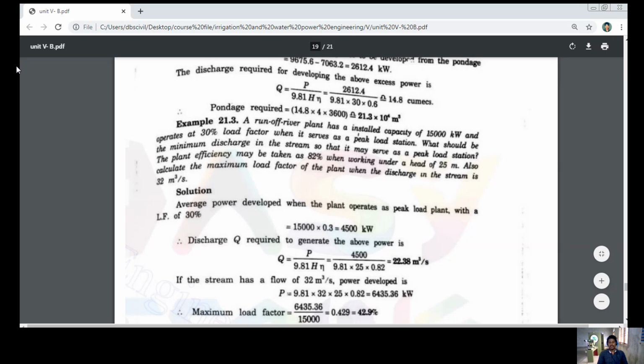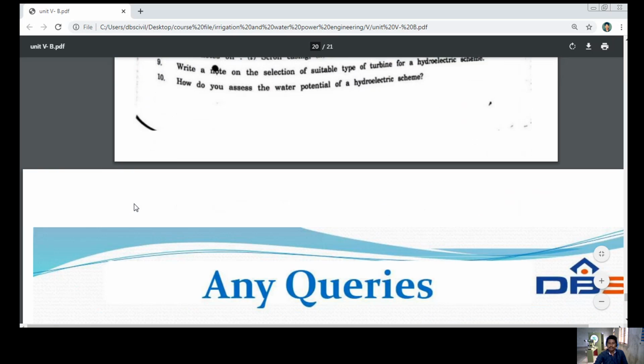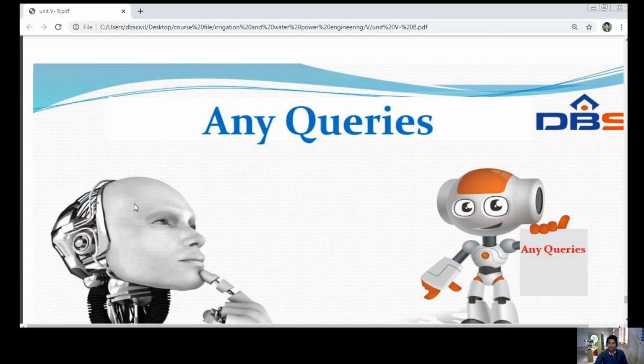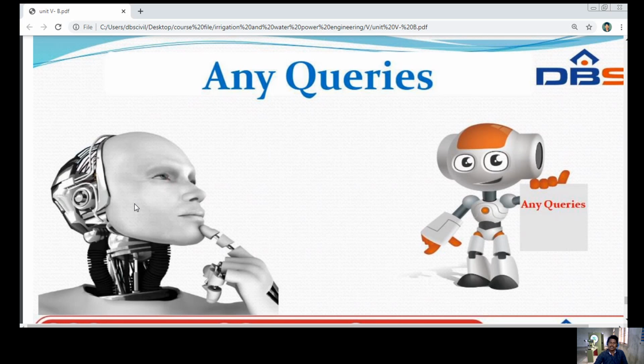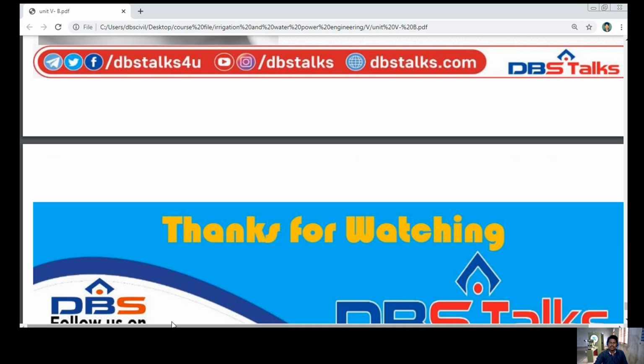The maximum load factor that can be achieved is the power value divided by 15,000, that is approximately 42.9%. Fine. Hope you all understood the example sums related to the content we have seen earlier. If you have any queries, please let me know, and thanks for watching everyone.